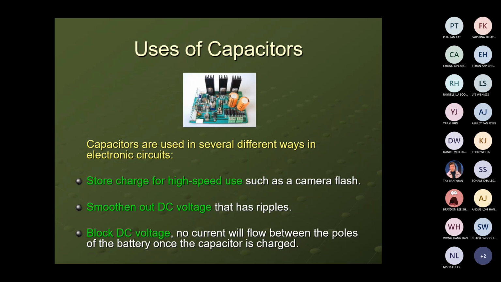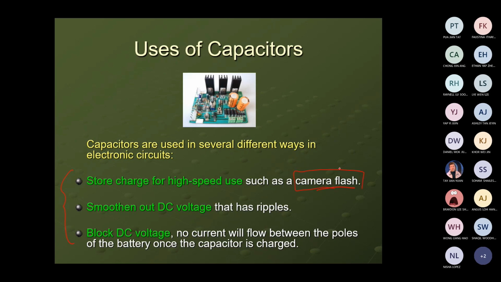So why is learning about capacitors so important? What is the use of a capacitor? There are lots of important uses. You can say these are the 3 main uses. The first use of the capacitor is to store charge for high-speed use, such as a camera flash, as I told you.